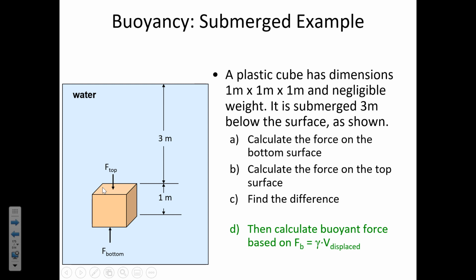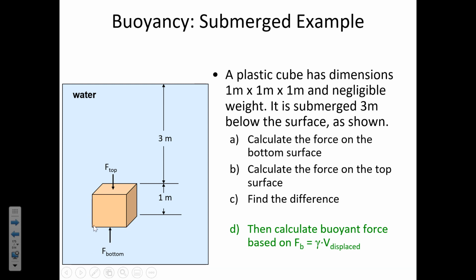So it's going to be delta H times gamma times the area, but this time the delta H, instead of being 3 meters, because it's a 1 by 1 by 1 cube, is 4 meters. So 4 meters multiplied by 9810 newtons per meter cubed. And then the area is 1 by 1 again, because that's the area of the cube at the bottom.